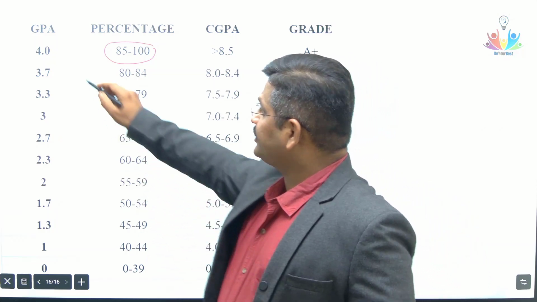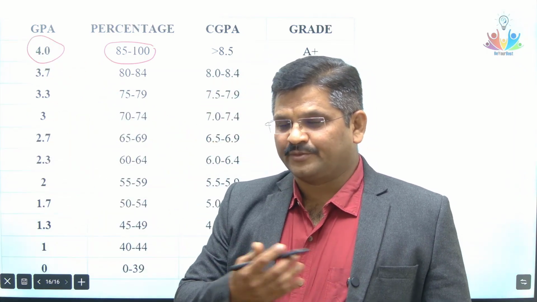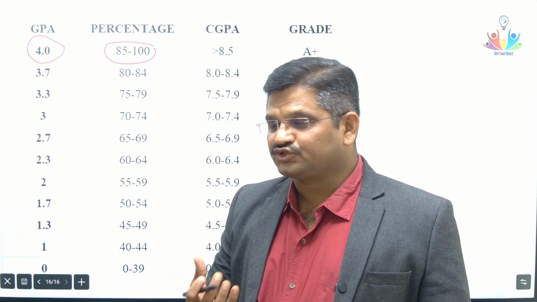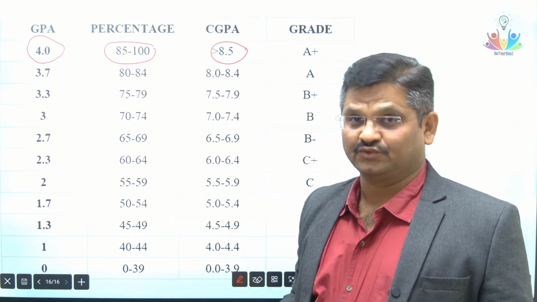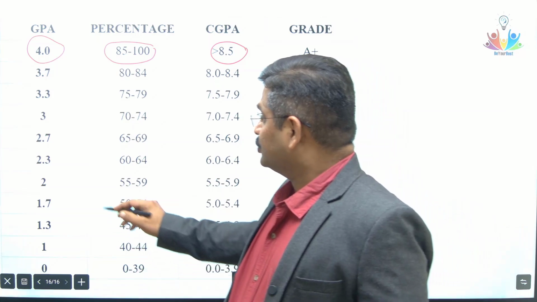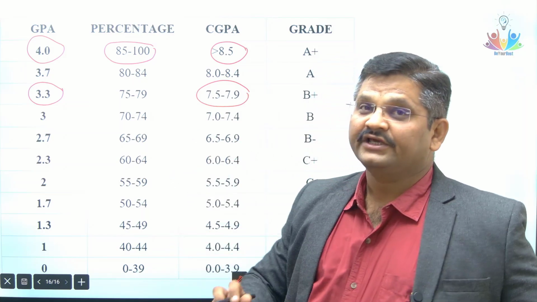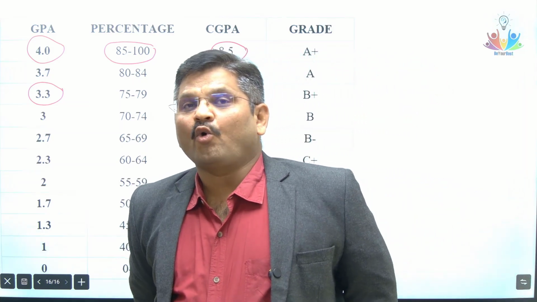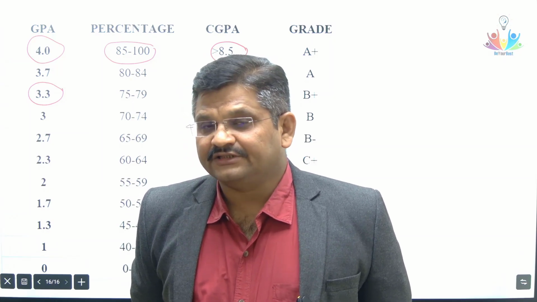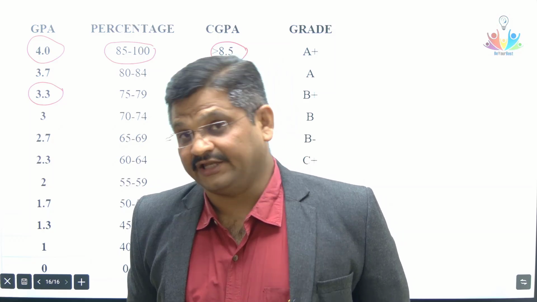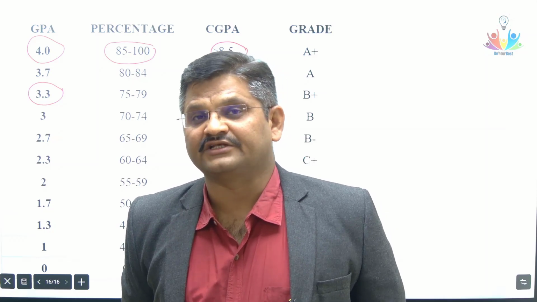In GPA, if a student gets 4.0, they are considered outstanding or excellent. The same for CGPA: more than 8.5 is considered excellent. As for eligibility criteria, in my own experience, students must have a GPA of more than 3.4, and the equivalent CGPA is near about 7.5 or more.